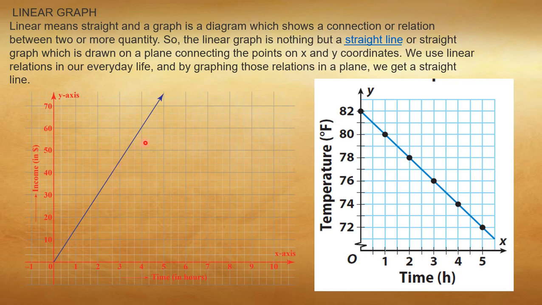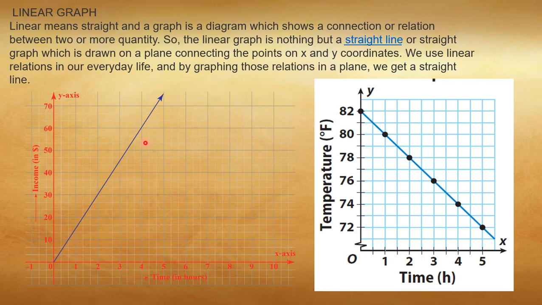When one quantity increases, the second one decreases, or if the second one decreases, the first one increases, or vice versa. That is the dependency shown between the two quantities, direct proportion or indirect proportion. That relation is shown using the linear graph, and in the linear graph the line is a straight line.